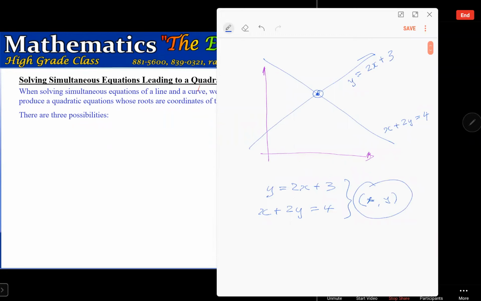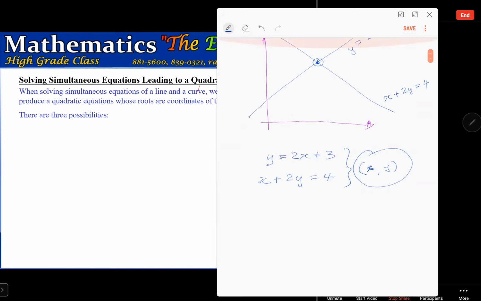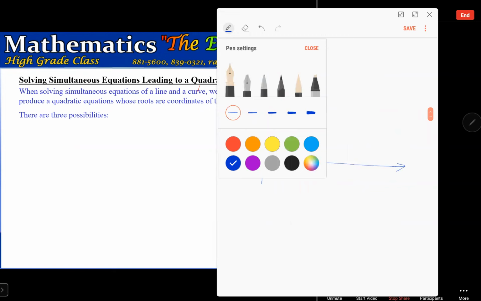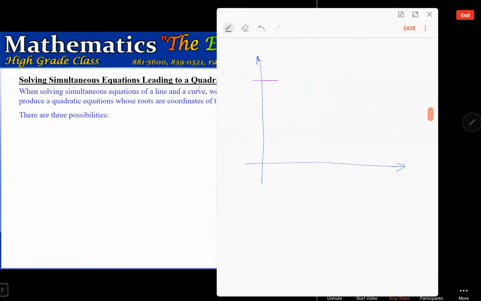What we're talking about today is a case where you have a line and a curve. For example, a quadratic curve, like a smile curve, and we also have a line. Now again, the line will have a linear equation, like for example, y equals 2x plus 5.